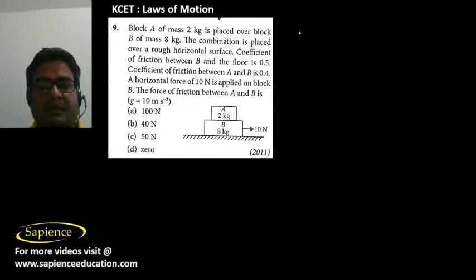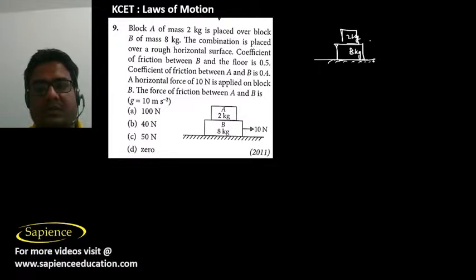Then in the ninth question, it has been told that block A of mass 2 kg is placed over block B of mass 8 kg. The combination is placed over a rough horizontal surface.